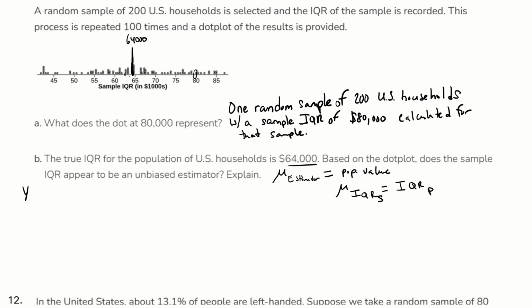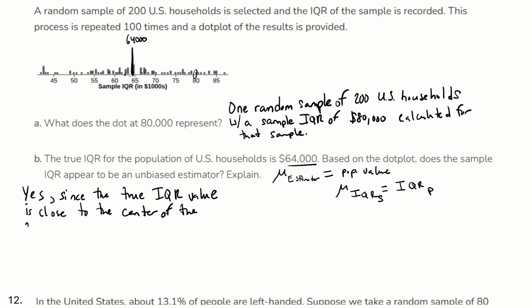So we're going to say yes, it appears, since the true IQR value is close to the center of the sampling distribution of sample IQRs, right?